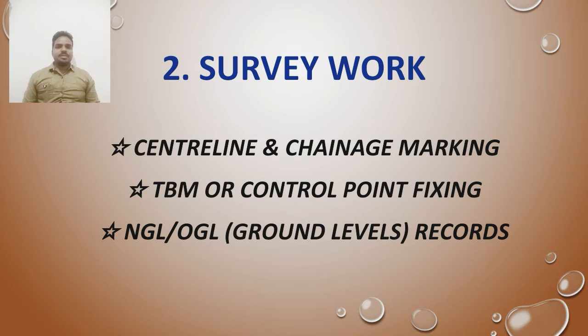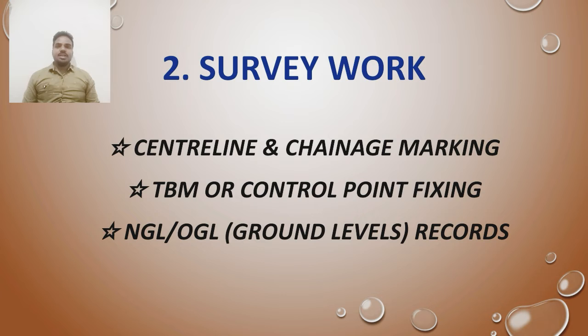Third point is NGL or OGL, ground level recording. In this, NGL means natural ground level. It is the first level recorded of the natural existing ground without using mechanical means.